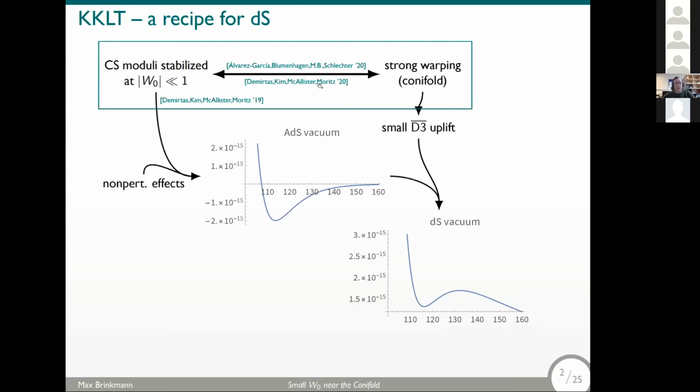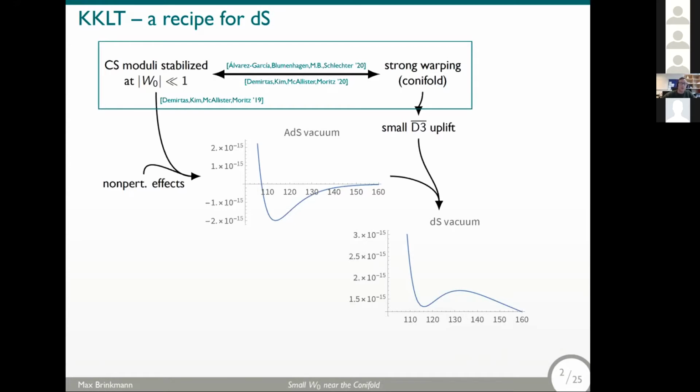Recently, Demirtas, Kim, McAllister, and Moritz have constructed a method to find small W0, but that was completely at the large complex structure point. And I want to tell you about our generalization of this algorithm to the conifold.